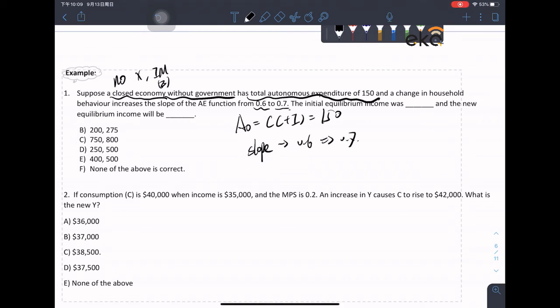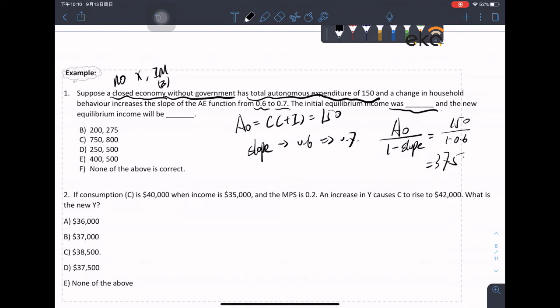The initial equilibrium income was how much? The initial is when the slope is 0.6, which is A0 over 1 minus the slope, which is 150 over 1 minus 0.6, which is 375, okay?